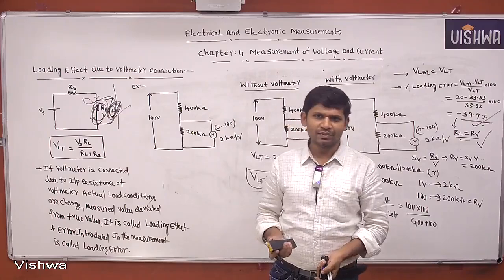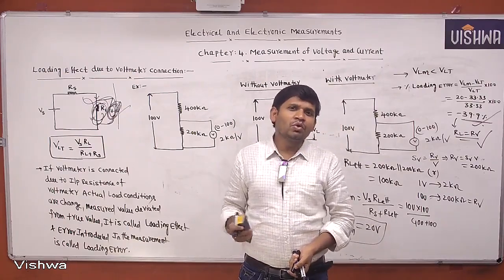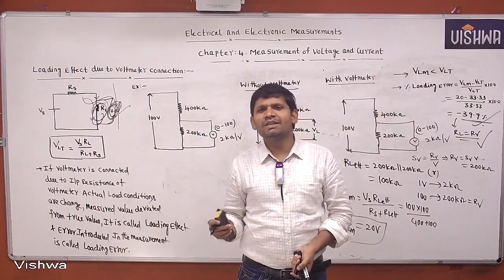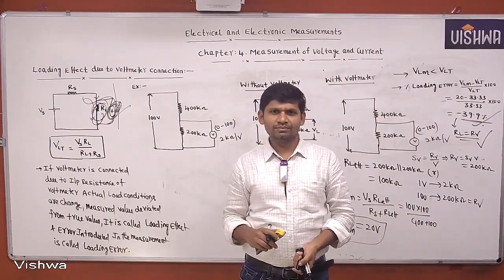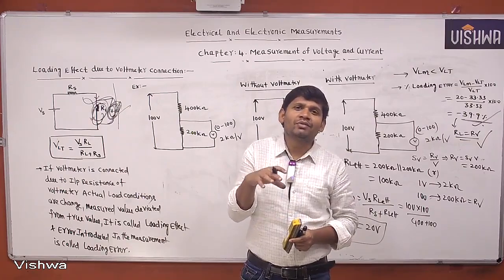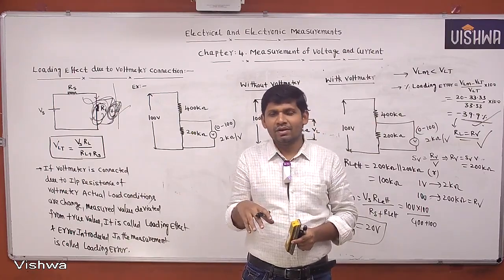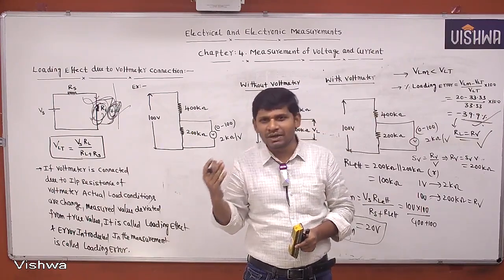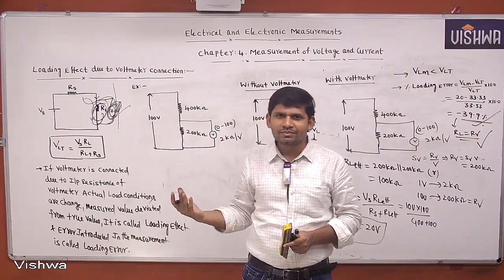Shunt resistance. In the PMMC voltmeter we use which resistance? Series resistance. Whatever shunt and series resistances we use, with which material are they made? What are the properties of materials used for shunt and series multipliers? That I want to discuss.